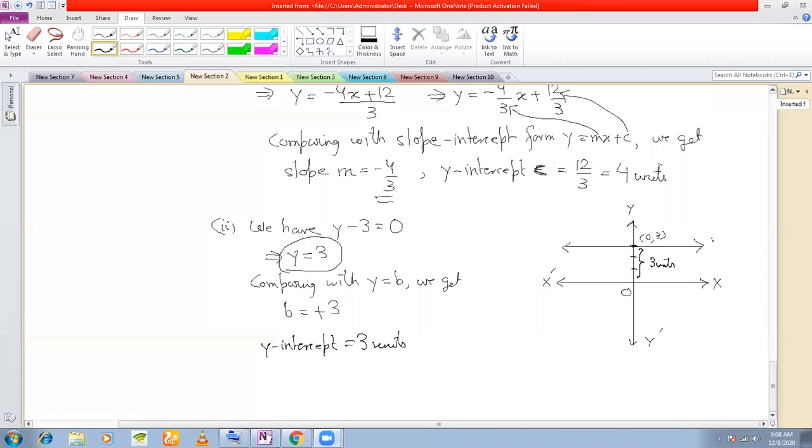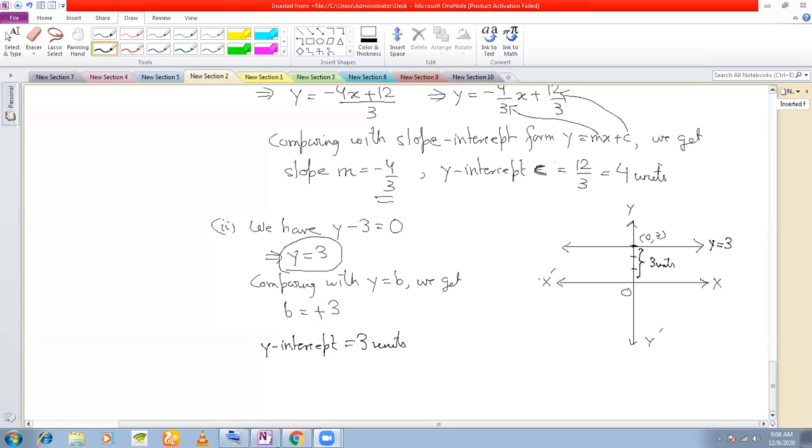This line is y minus 3 is equal to 0. Anyone else? Archita? Tell me the slope of this line. What is the slope first? Slope is nothing but the tan of the inclination.